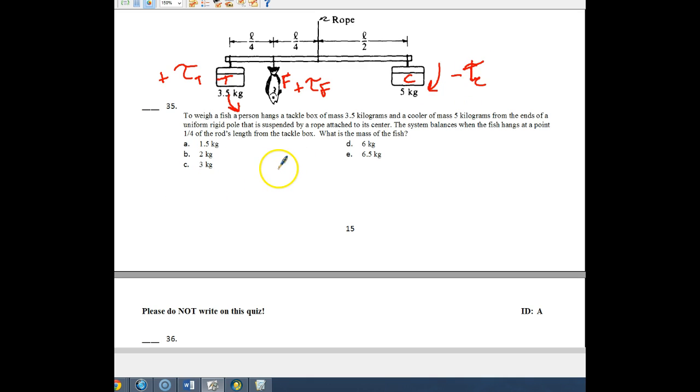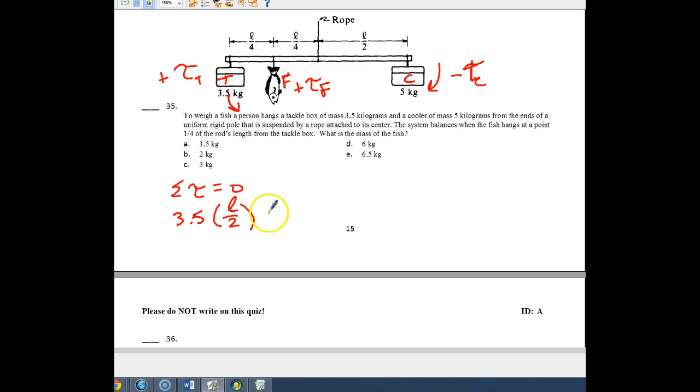So let's go through and actually try to solve this one. So if we want to do this for number 35, we've got to say the sum of the torques here should be equal to 0. And so my first torque will be force times the radius. So we're going to get rid of gravity because we know gravity is all the way across. So we're just going to do 3.5 kilograms times L over 2.